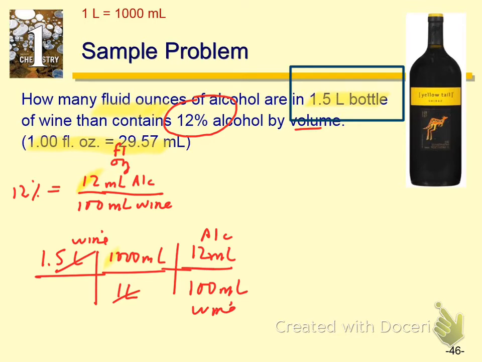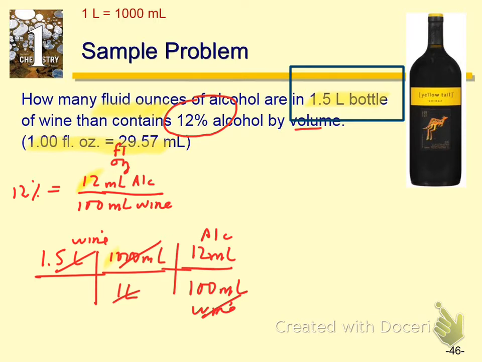Now notice where we have milliliters of the two things, milliliters of alcohol, milliliters of wine. I'm going to label this.